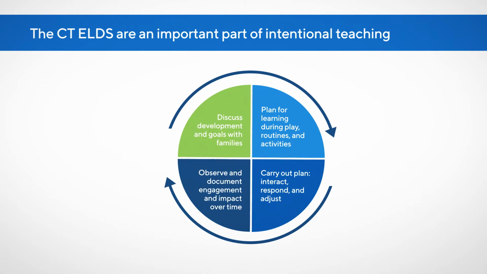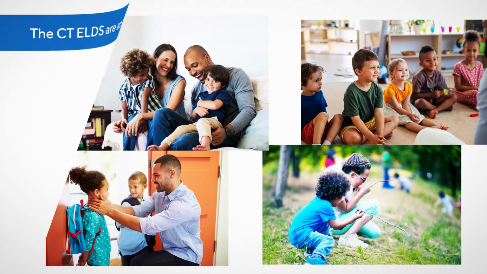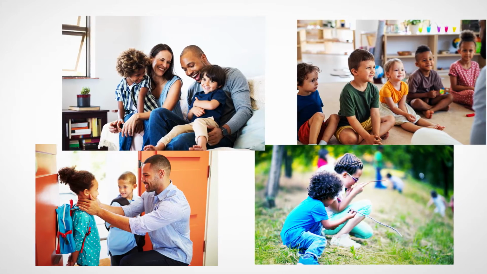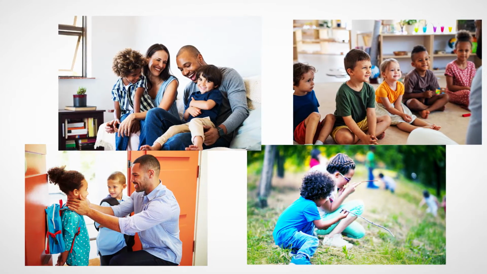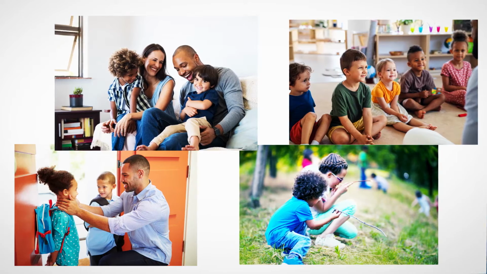There are many ways you can get started with the ELDS. You can pick a feature you are interested in, explore one domain at a time, or find a training to learn more.